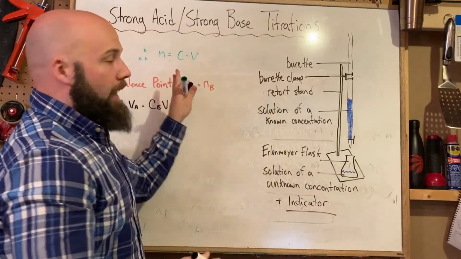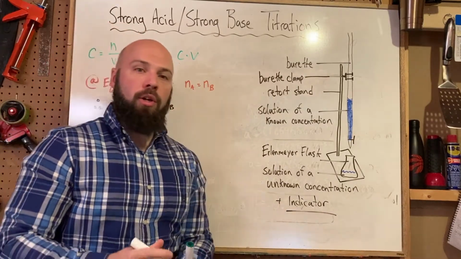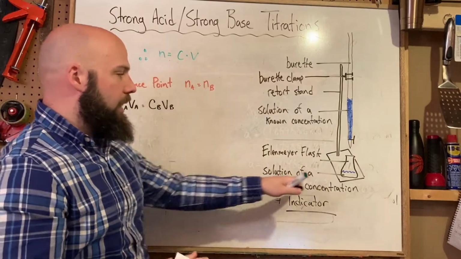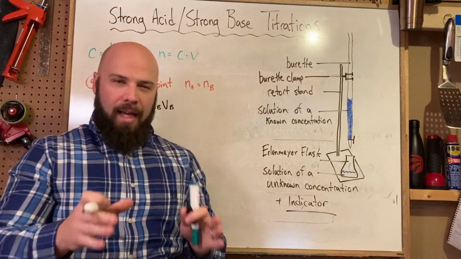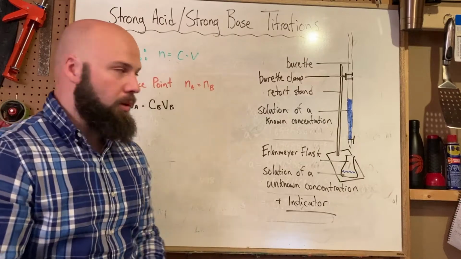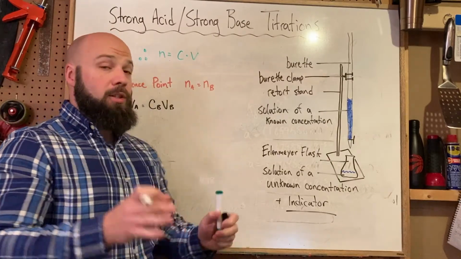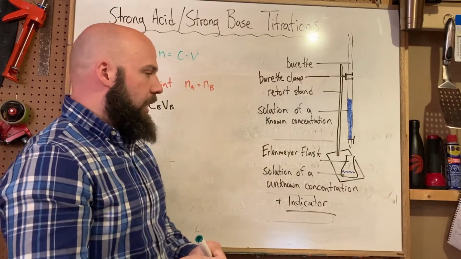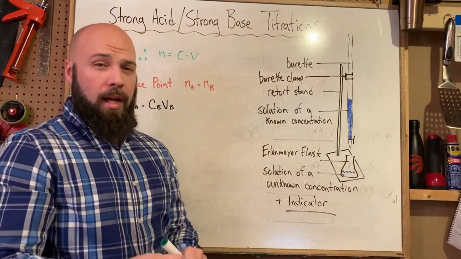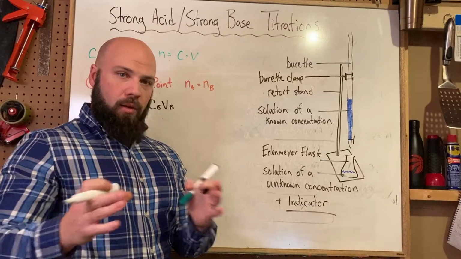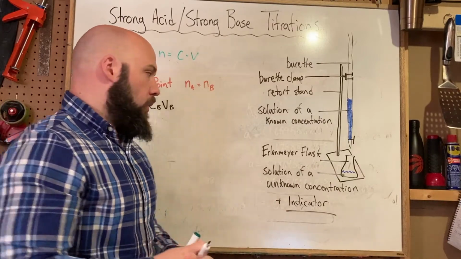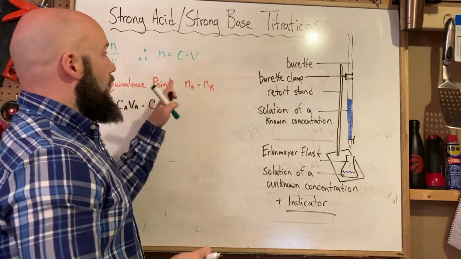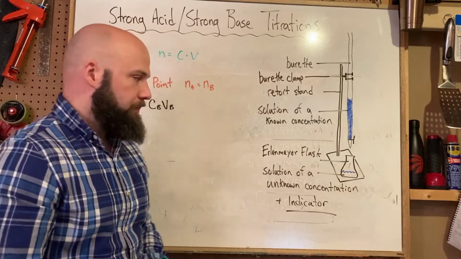For a strong acid, strong base titration, you're going to want to have an indicator that changes color as close to 7 as possible. As close to a pH of 7 as possible. So something like bromothymol blue that has an endpoint around 7 would be a great indicator for a strong acid, strong base titration.